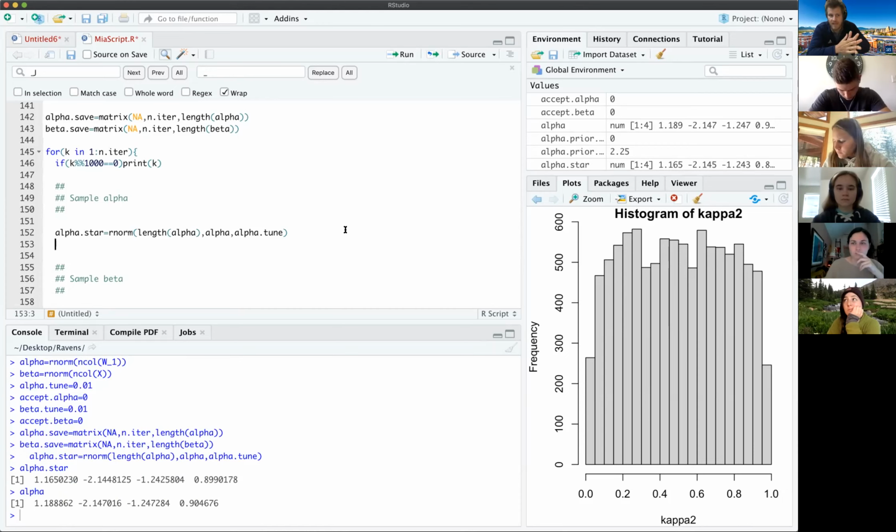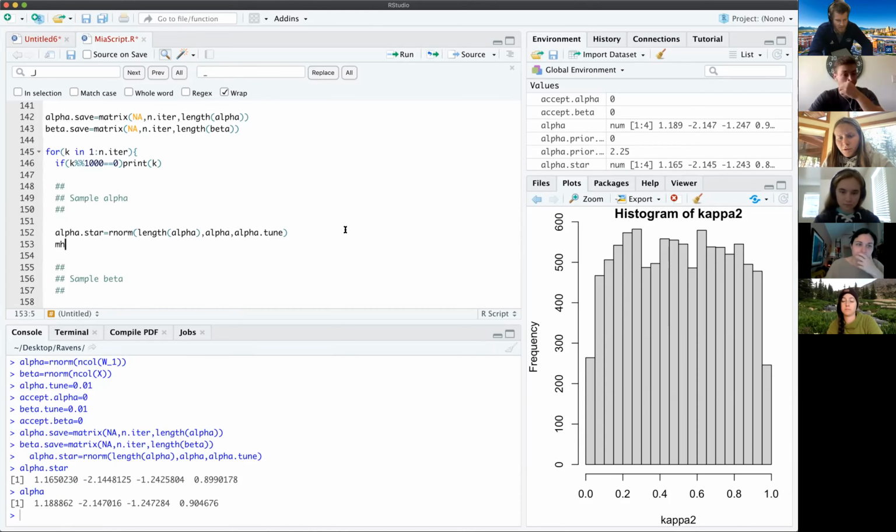So there could be some negative alpha values. Like if observer 2 wasn't as good as observer 1, we would expect alpha 2 to be negative to lower that detection probability. Oh, okay. So the values can be negative and we want them to be able to be negative. So yeah, you're right, we need to do the Metropolis Hastings step, but we don't need that if statement. That's only when we have positive support.